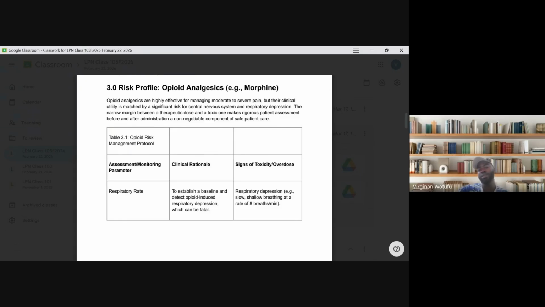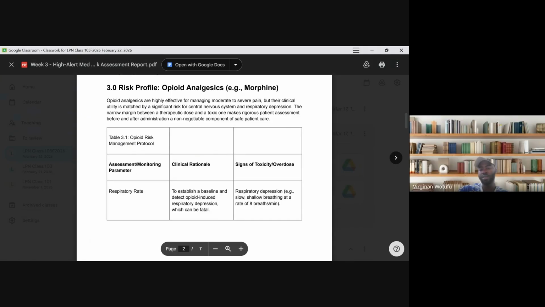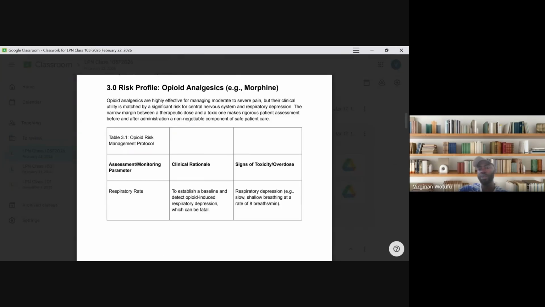Since it's a central nervous system depressant, right? And what are the signs of overdose or toxicity? Since we are assessing for respiratory depression, what would the signs of toxicity be? Shallow breathing, right? Respiratory rates of 8 going down, right?